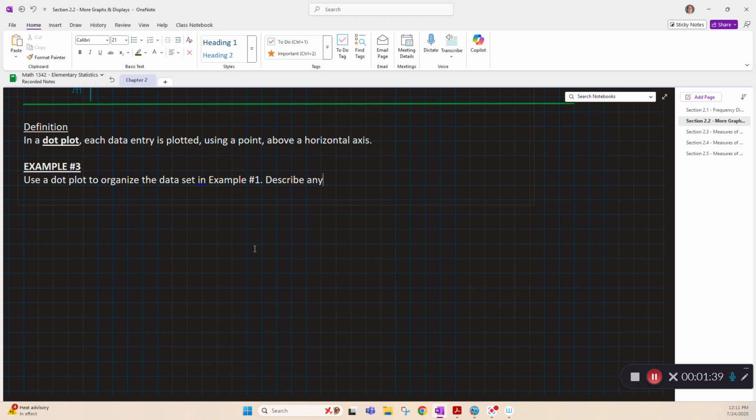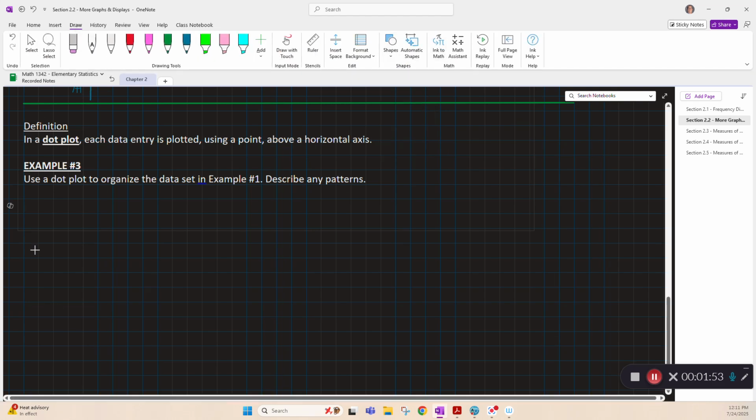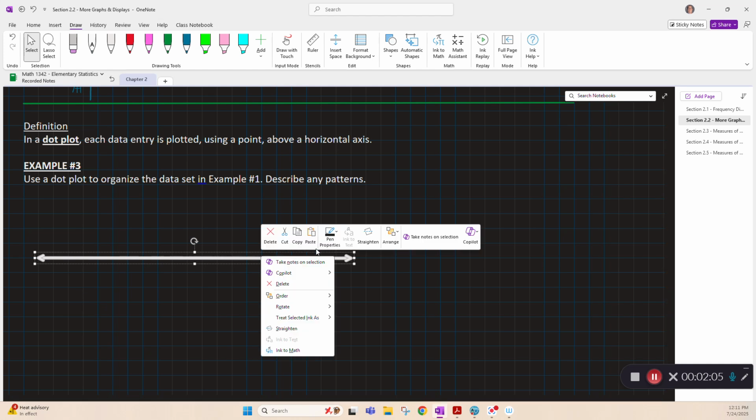Describe any patterns. Okay, so we need to draw a horizontal axis here. Some sort of horizontal axis. I'm going to do it down here. Good enough for me.